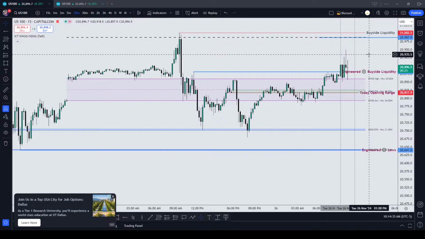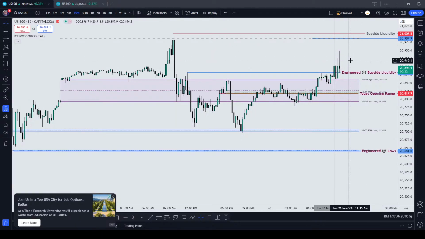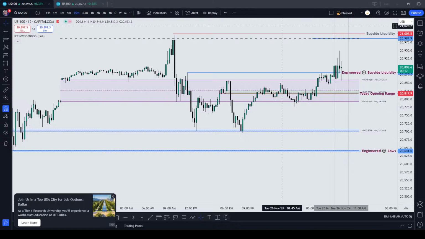That is not the kind of trading we're looking for. We're looking for easy, clean setups that will give us the setup, then do what? Start running in the direction of our trade and not against us. So those are the kind of setups we are actually looking for right now.